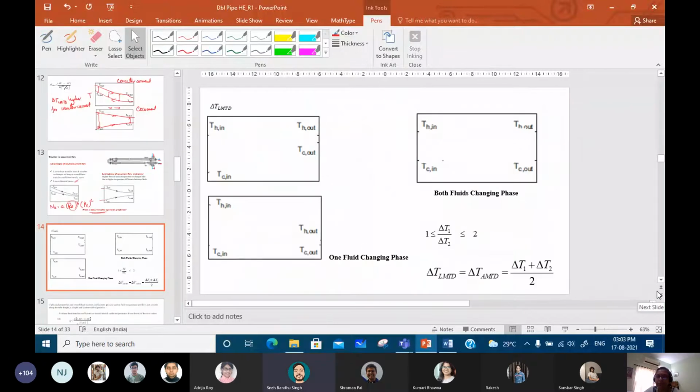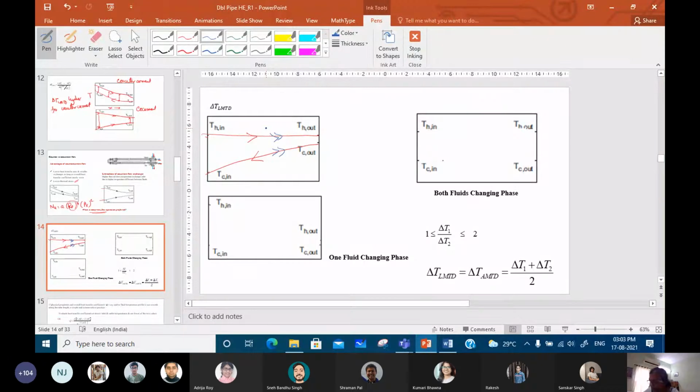So if, for instance, the hot fluid is this and the cold fluid is this, in this particular case, whether we are going to have a counter-current flow or a co-current flow, will the delta T LMTD calculation change?